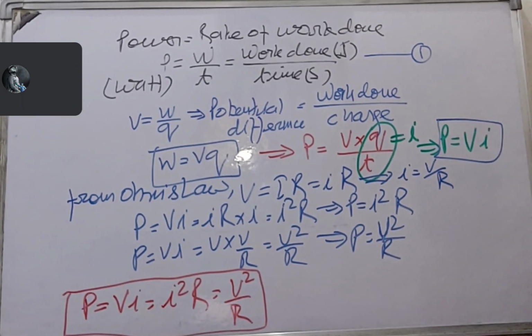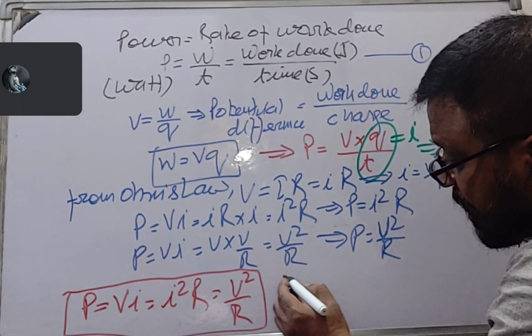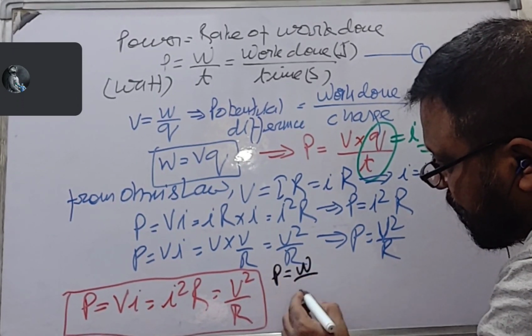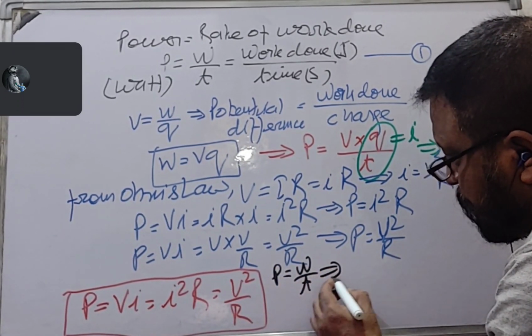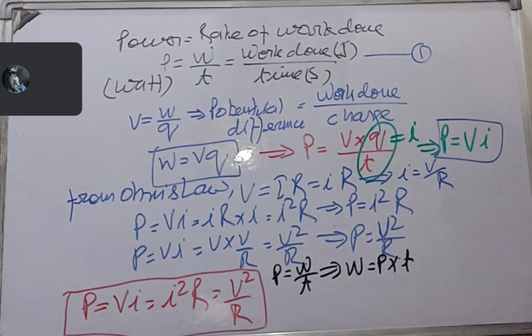Now, as I wrote here, P is equal to W upon T. So W is equal to P into T, right?